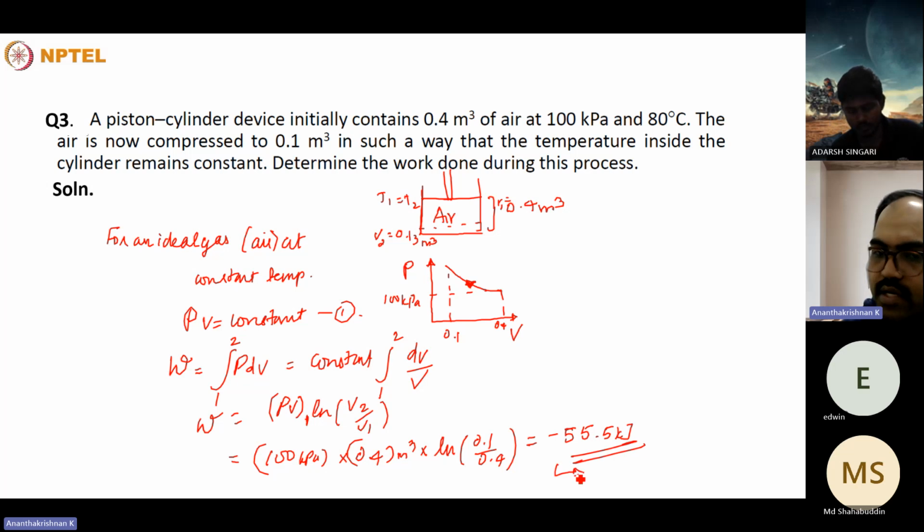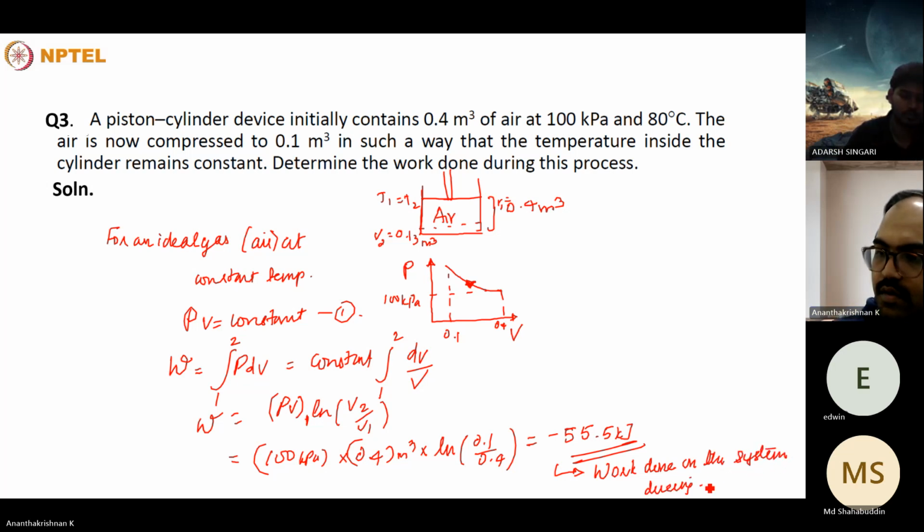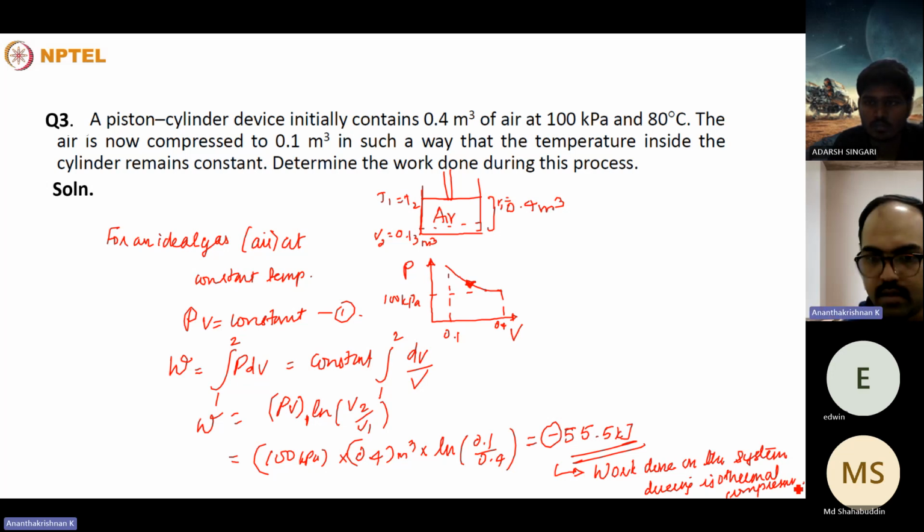This minus indicates the work is done on the system during isothermal compression. Okay, that answer is right.